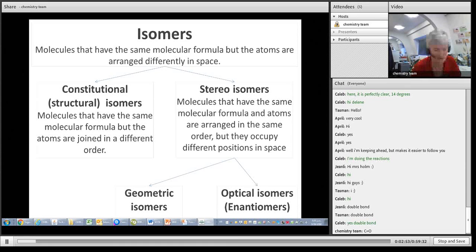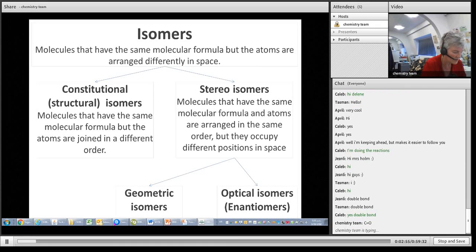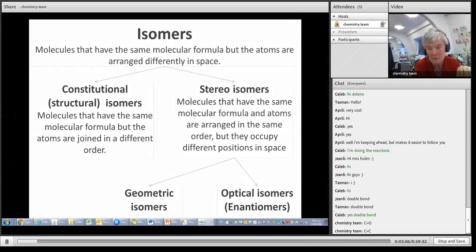Did you see that one? Okay. Because what I was going to say next is that, remember, you've got two different types of double bonds. You've got the carbonyl C double bond O as well as a C double bond C. So don't just say it needs a double bond, be specific which type of double bond.